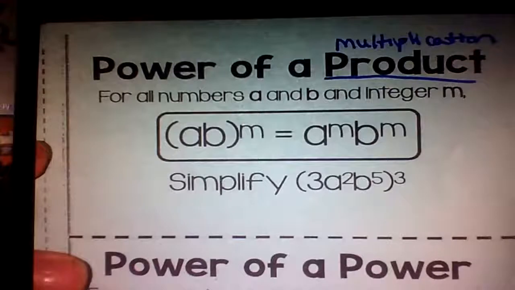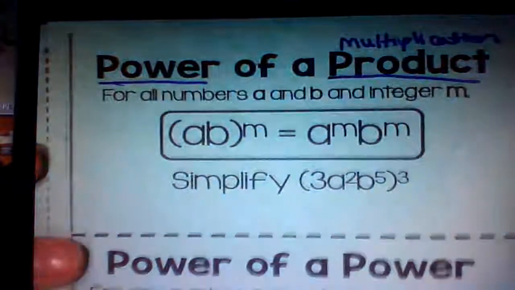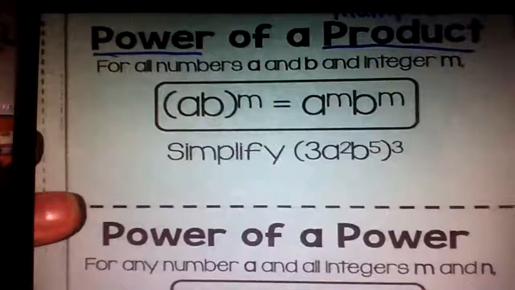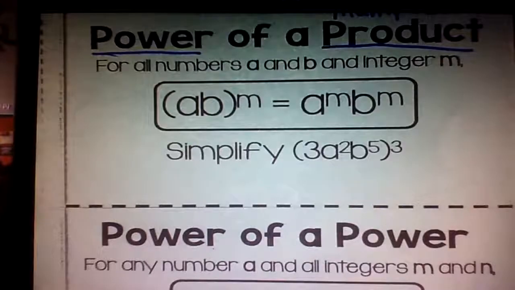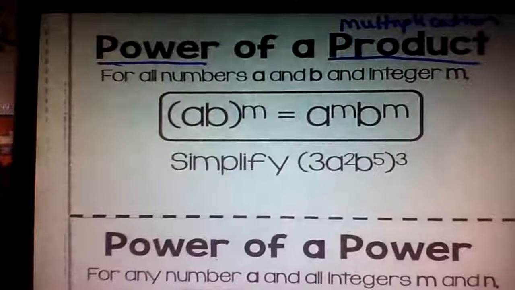So what we're doing is we're taking something that's multiplied and I'm raising it to a power. So I'm taking a bunch of things that are multiplied together and I'm going to raise them to a power.